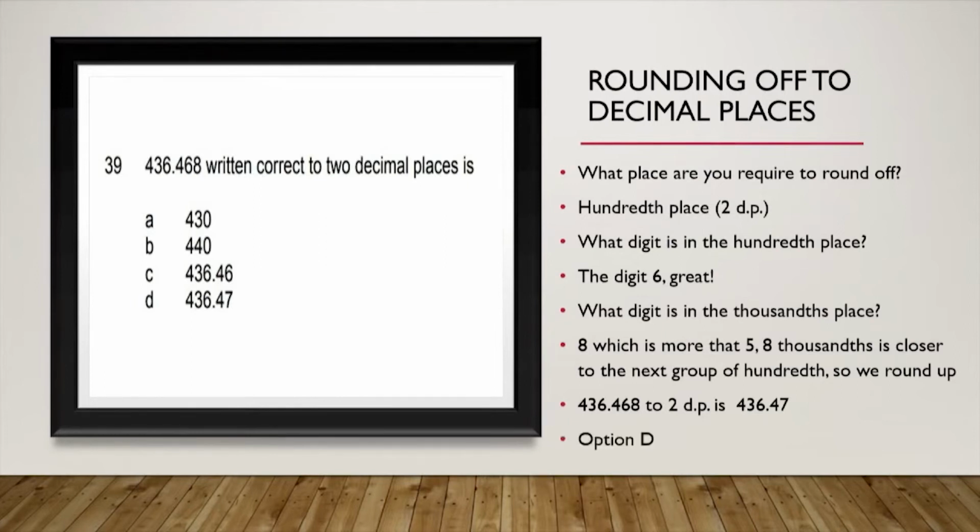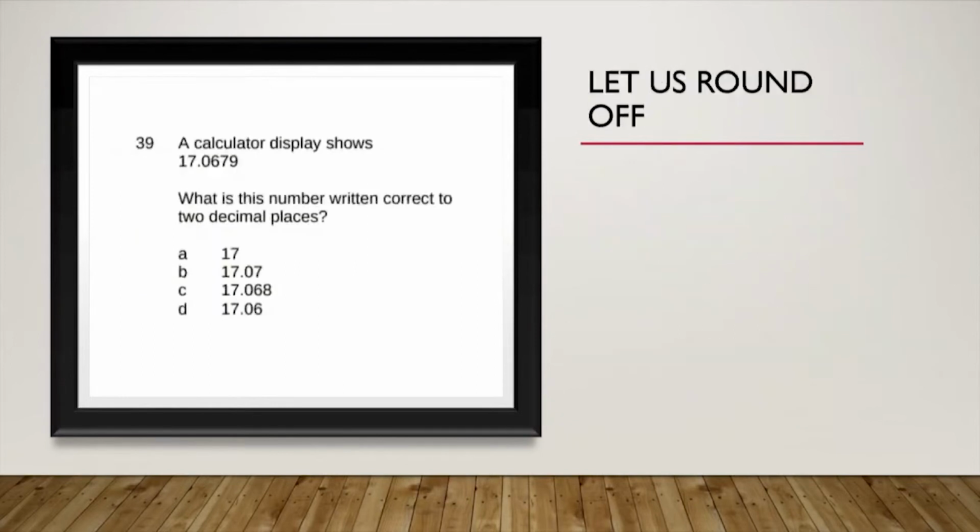All right, awesome. Next question. A calculator display shows 17 and 679 ten-thousandths, and that would be rounded off to 2 decimal places. So we're still looking at the hundredths place, and the same thing. You look for the digit in that place. What digit is that?